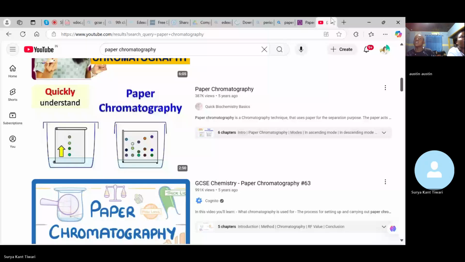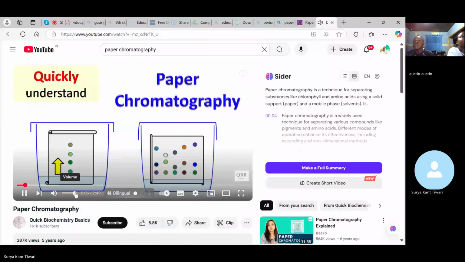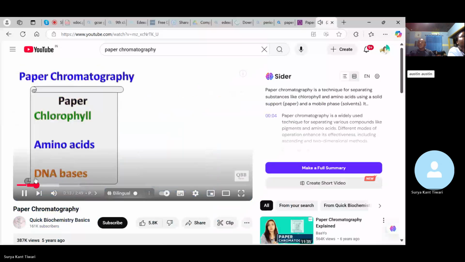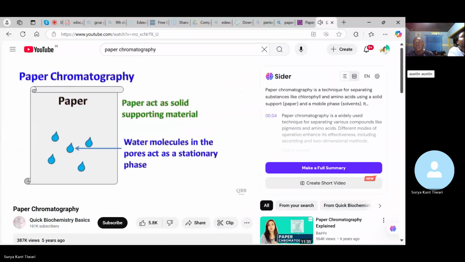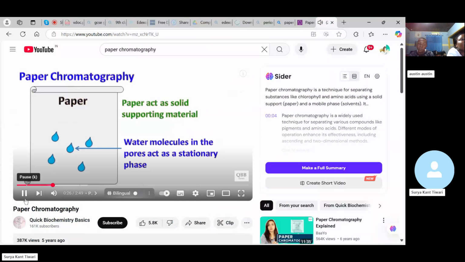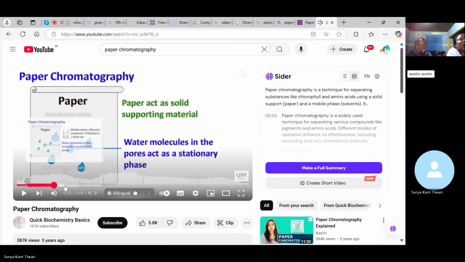Can you see YouTube? Can you also hear the audio? I can't get the audio.